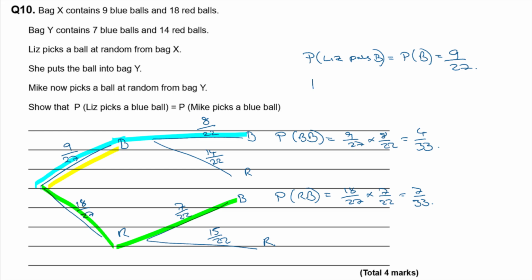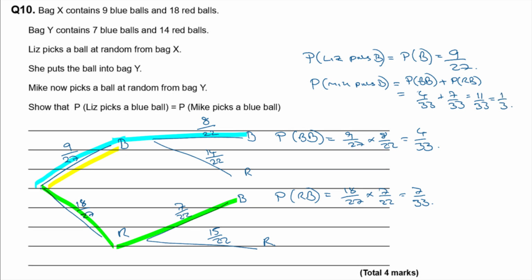And so the probability that Mike picks blue, that's going to be the probability of blue plus the probability of red blue, those two routes that I just found. So that's going to be 4/33 plus 7/33, which is equal to 11/33, which is equal to 1/3, isn't it?